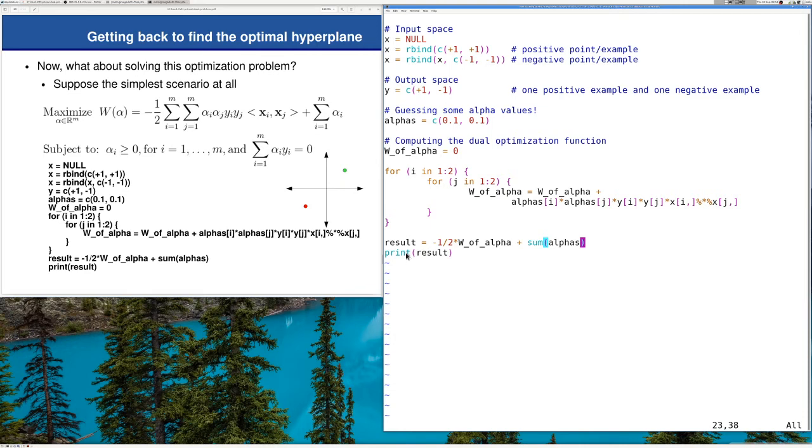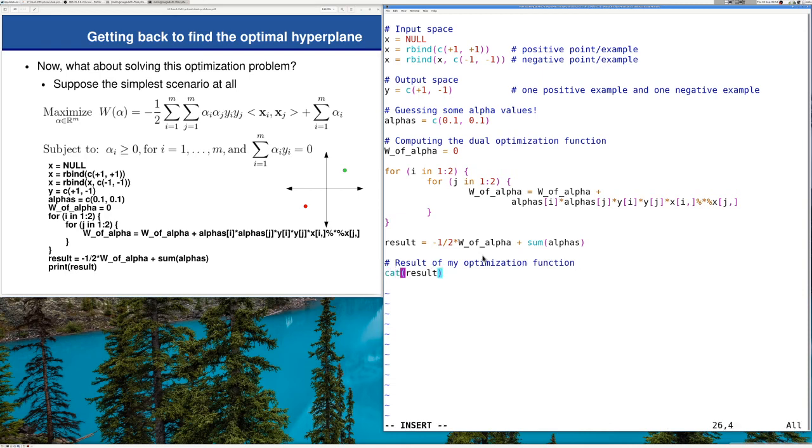Of course, I'm going to print the result for you. There is an issue over here. My issues are a result of my constraints, but let's see that later. I'm going to improve this for you. So this is the result of my optimization function.